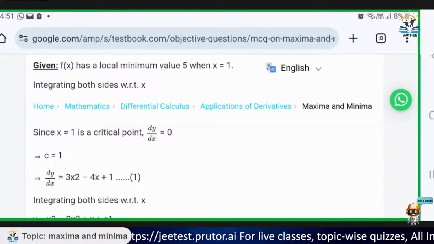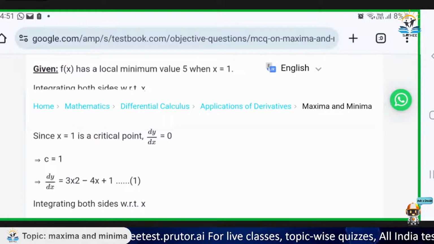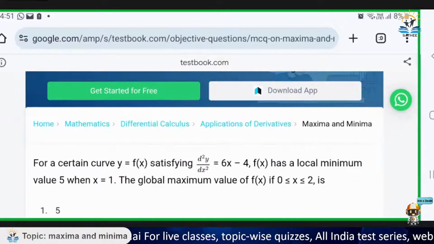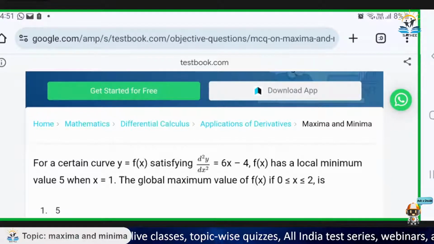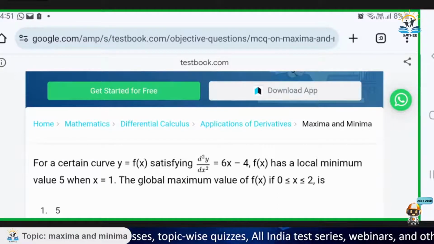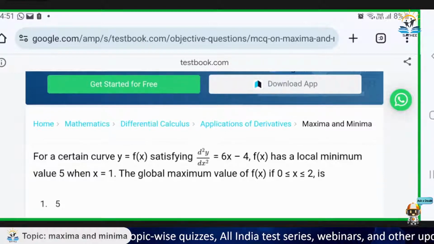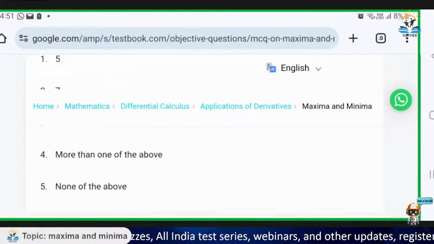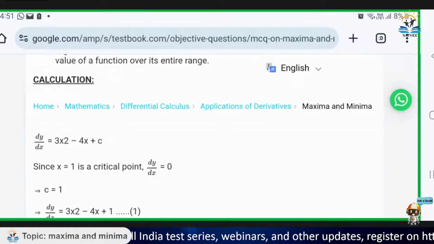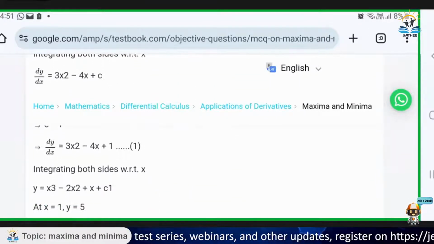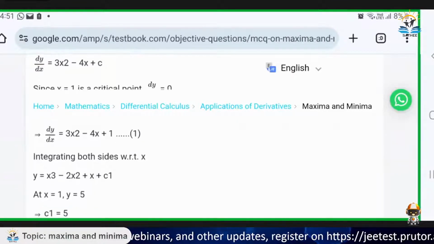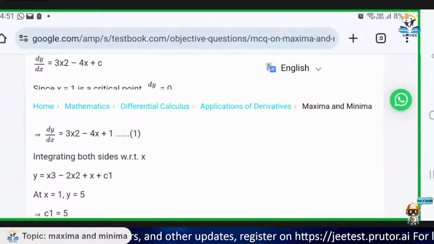Now we have got 3x square minus 4x plus 1, which is f dash x. And we know the value of f is 5 at x equal to 1. So we will again integrate this. Integrating 3x square minus 4x plus 1 gives us x cube minus 2x square plus x plus c1, where c1 is again a constant of integration.